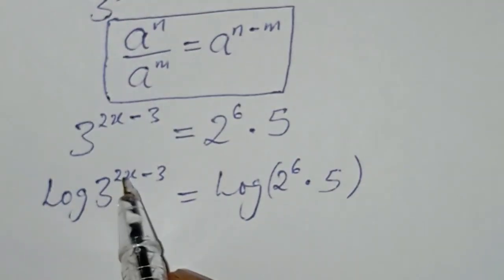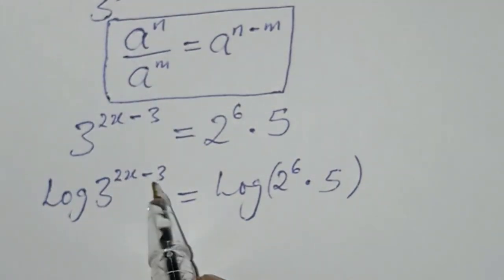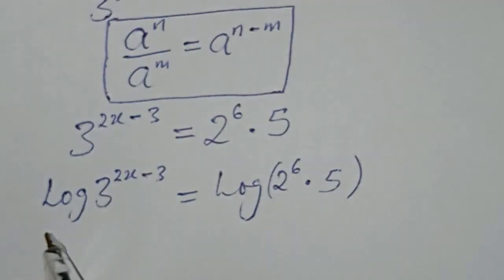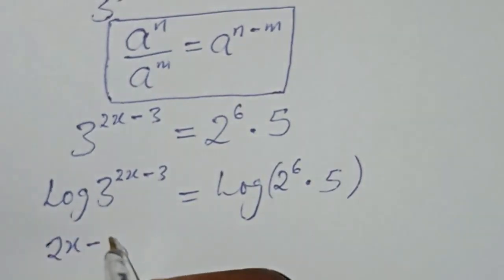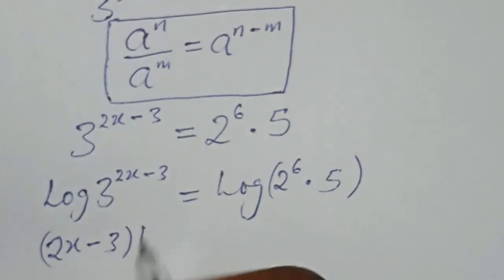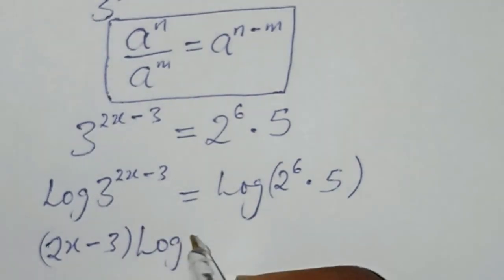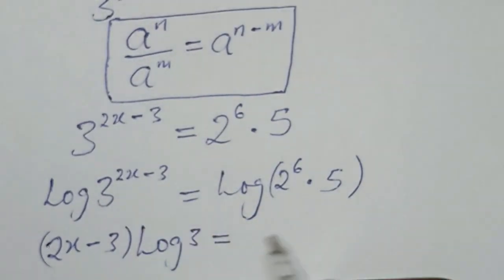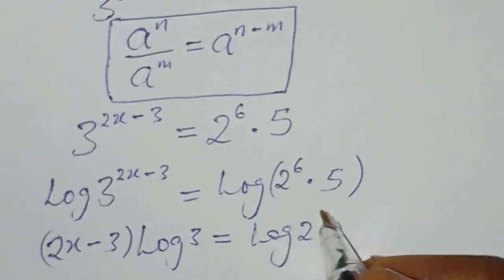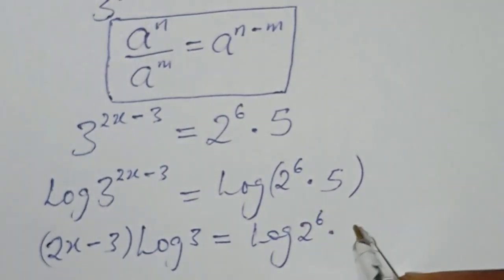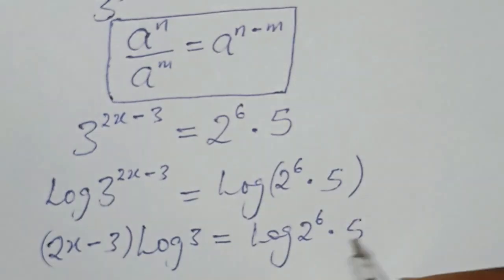From the left hand side, this exponential expression can now come to the base. So we have (2x-3) multiplied by log 3 will be equal to log of 2^6 multiplied by 5.